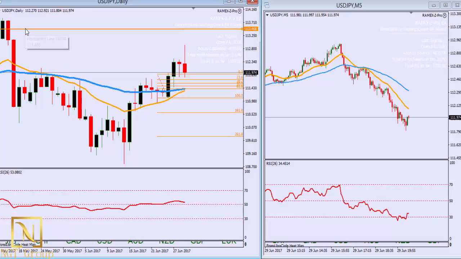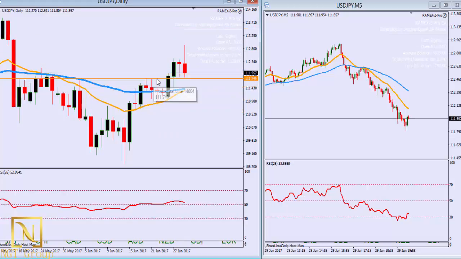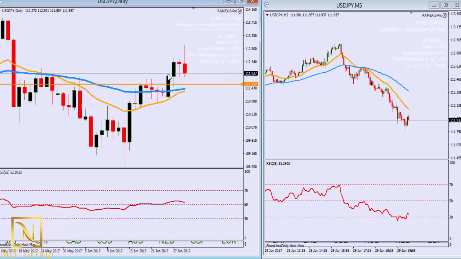So above that area, I would be looking to take my trade. Right around where this line was down here, that's around the 50% retracement. So this new bar that developed here retraces 50% of the previous bar.